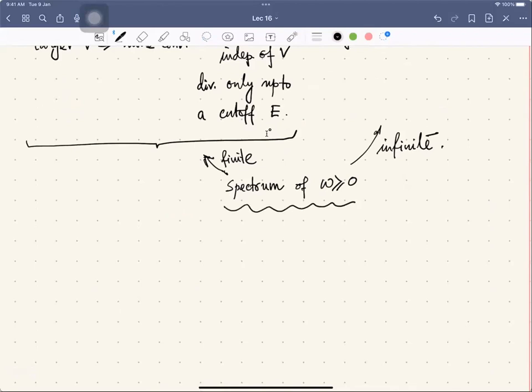So let us consider first omega greater than or equal to 0 graphs. What kind of graphs can have omega greater than or equal to 0? There are two types of graphs. One is primitive graphs denoted as curly P. So these graphs are primitively divergent.